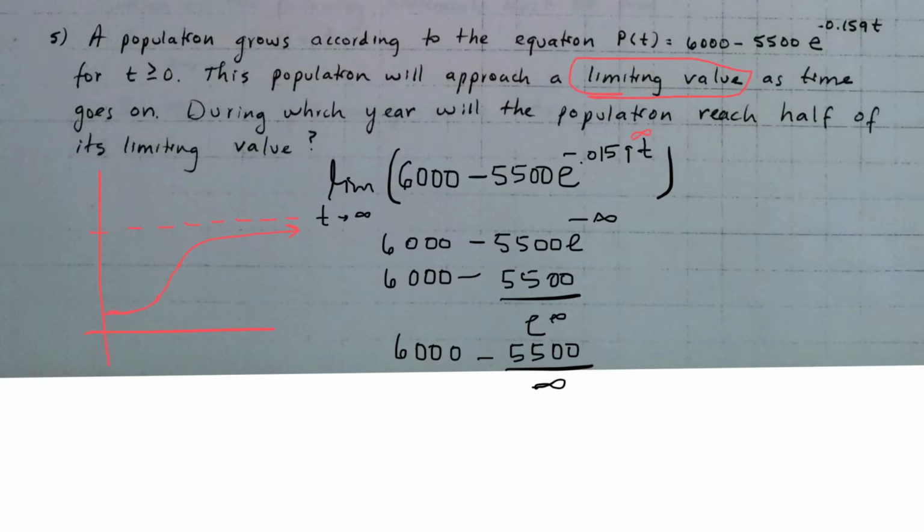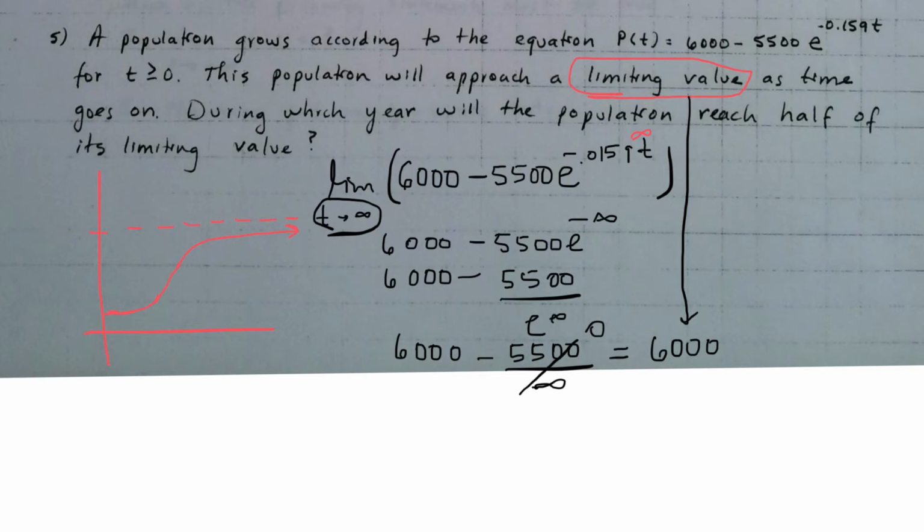And 5,500 divided by infinity will be 0. And then 6,000 minus the 0 is just 6,000. And that's your limiting value. Which means the population can only sustain 6,000 members. And even if time goes all the way to infinity, the most you can have is 6,000.